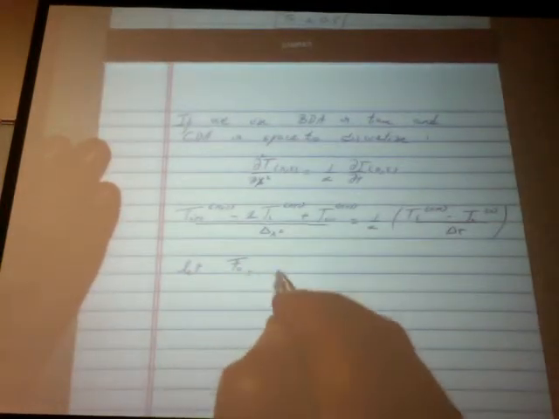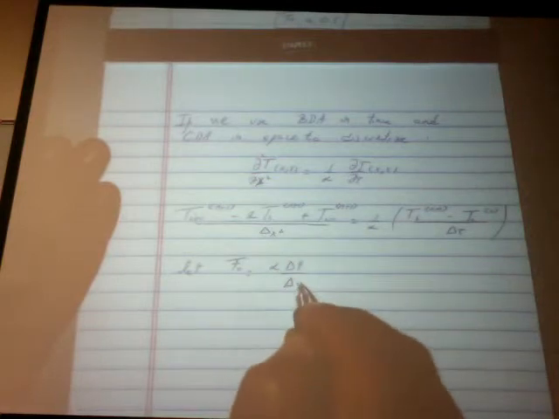Again, let FO be equal to alpha delta t divided by delta x squared.